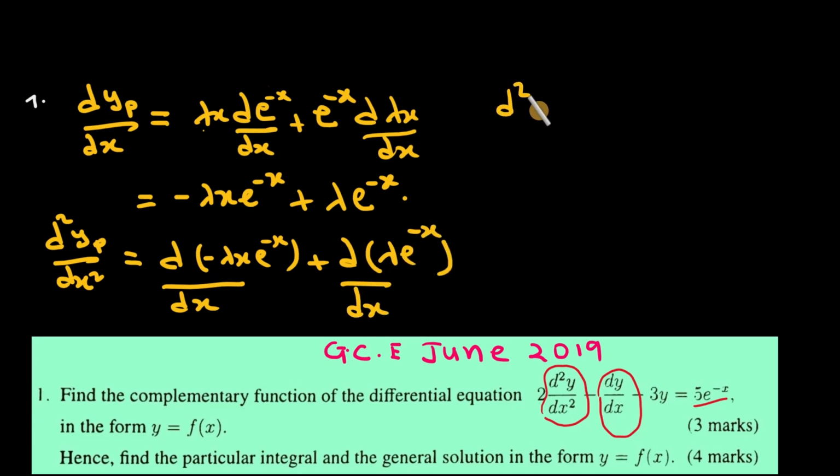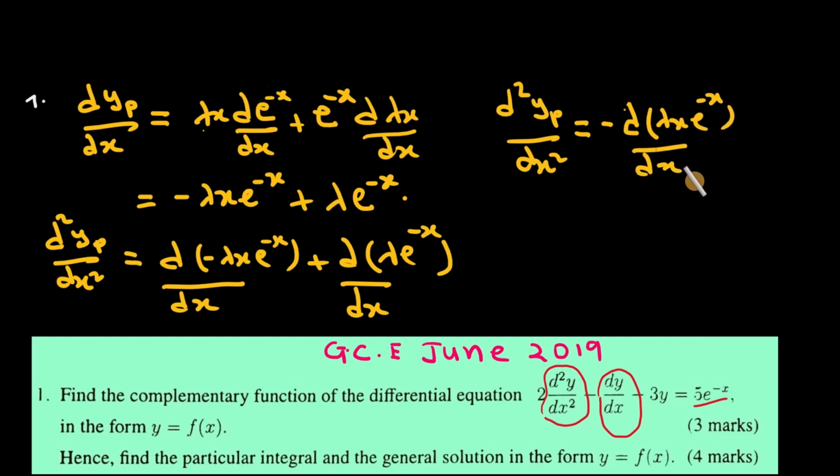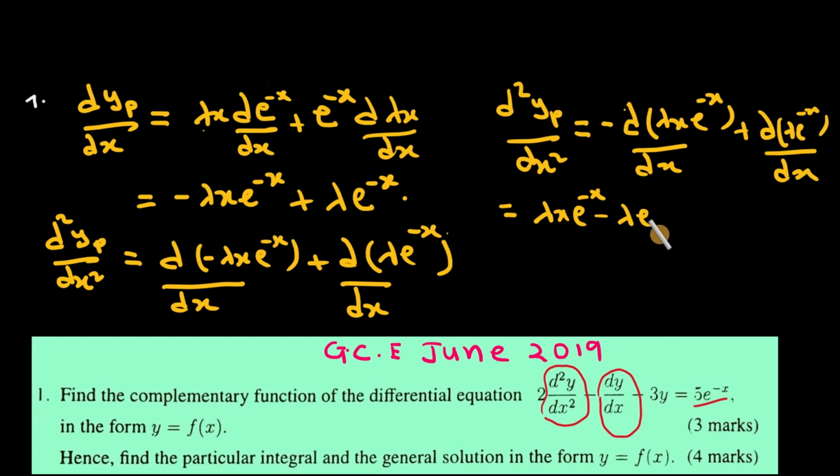That is, d squared y over dx squared equals the negative of d of lambda x e to the negative x over dx plus the differentiation of lambda e to the negative x over dx, which is the same as the negative of this, since our yp was lambda x e to the minus x. So lambda x e to the minus x minus lambda e to the minus x plus the differentiation of lambda e to the minus x.